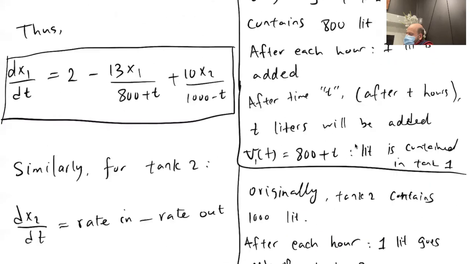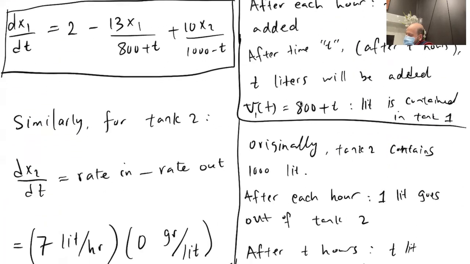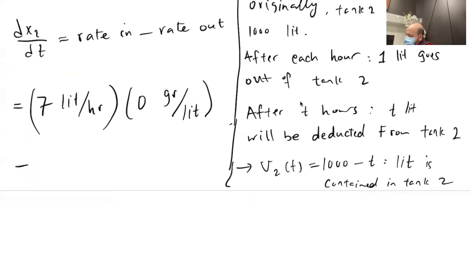And then we have this 10 liters per hour that goes out. So it will be included with a minus sign. So minus 10 liters per hour. I have to multiply this now with the concentration of this water.